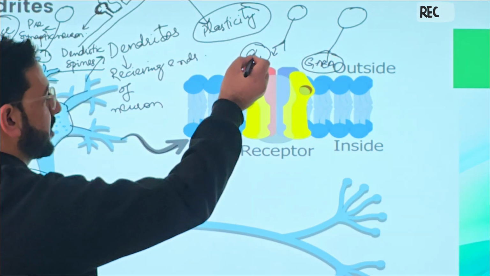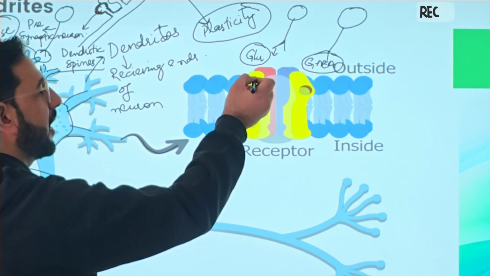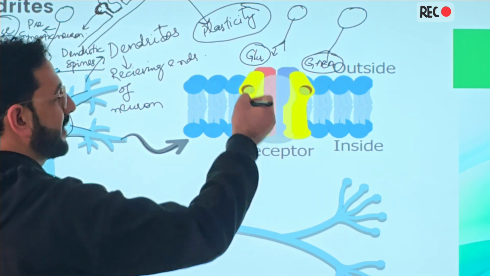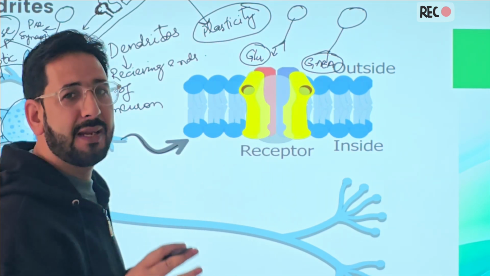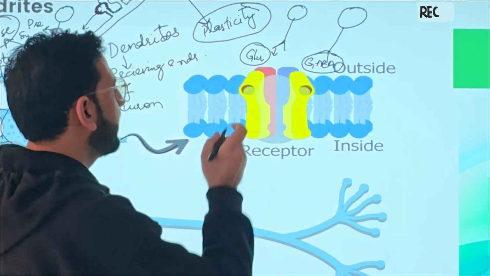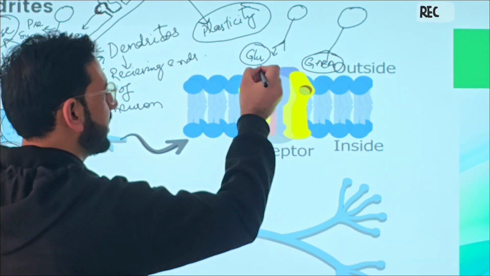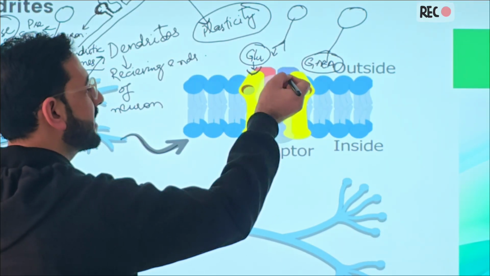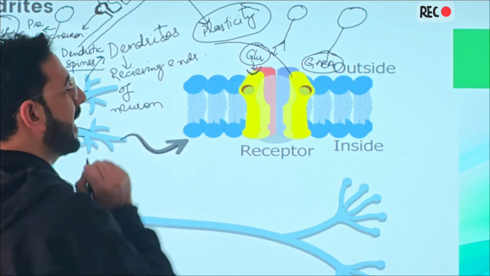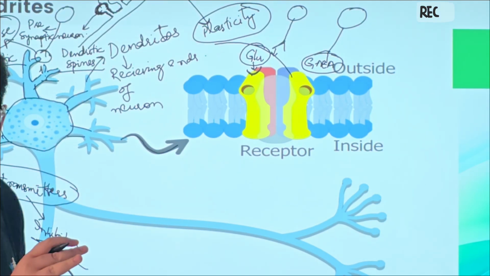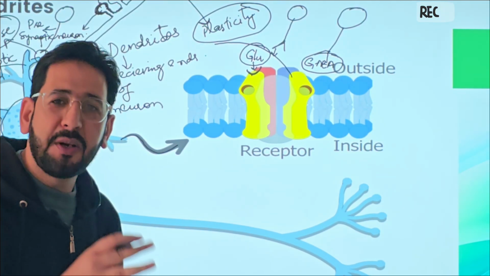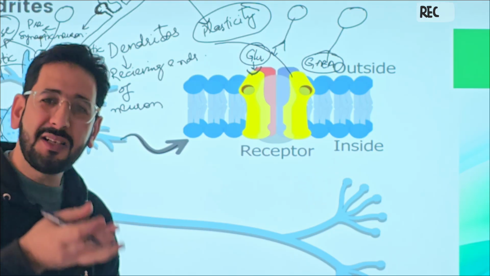Now, for example, this glutamate will come and bind on the receptor, and this receptor is, for example, the ligand gated channel. It will bind on the receptor and it will open this ligand gated channel. This ligand gated channel is usually closed, but it will be opened once a ligand comes and binds.